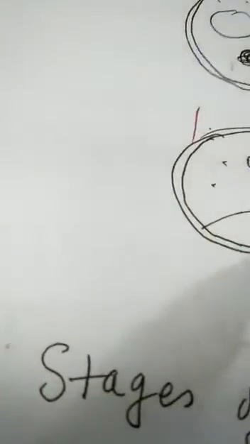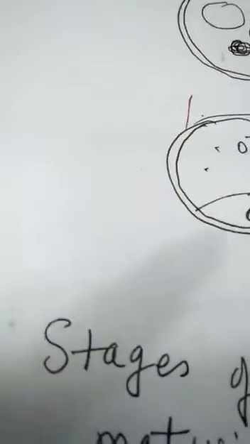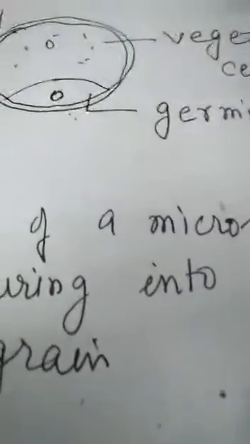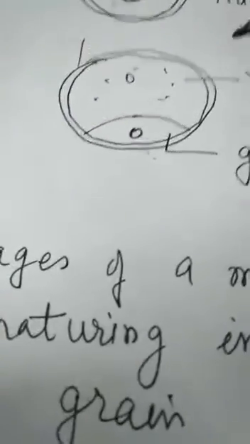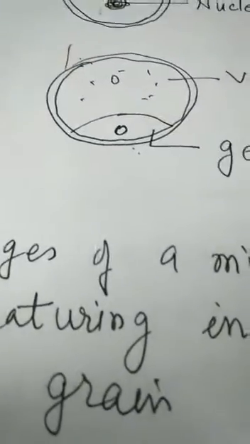This generative cell in some cases divides again to form two male gametes. So this two-celled stage, that is the vegetative cell and generative cell stage, is liberated in 60% of the angiosperms and falls on the stigma.